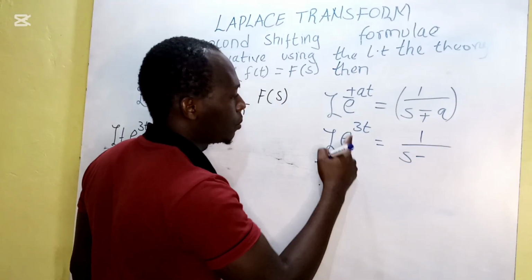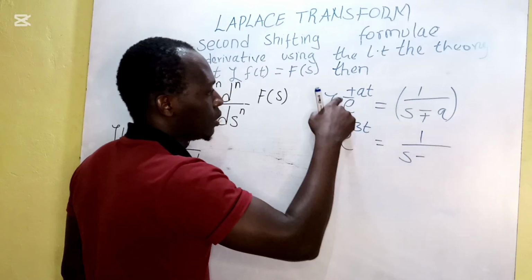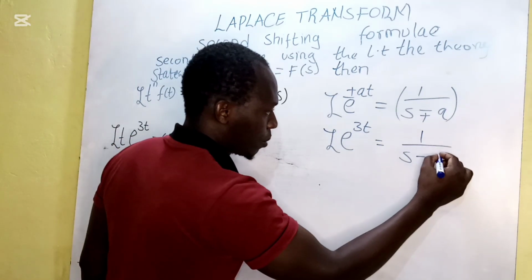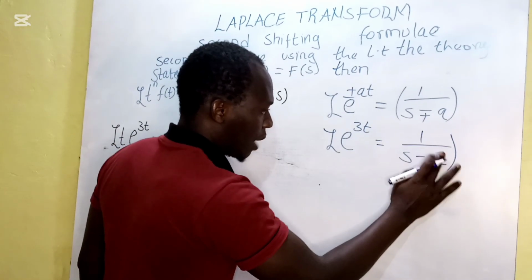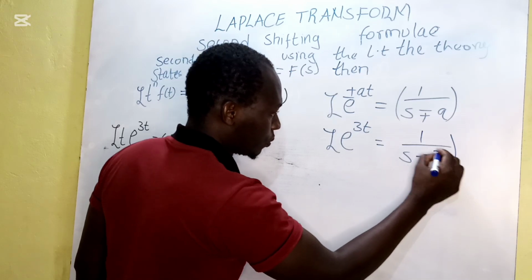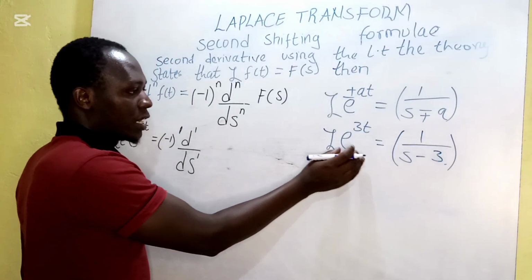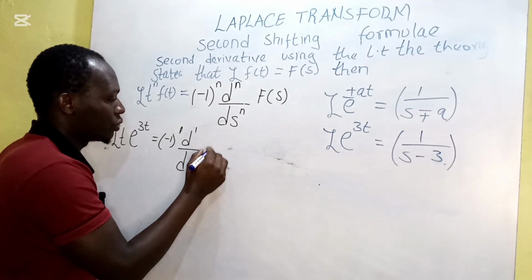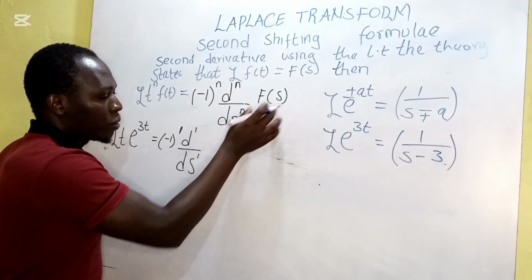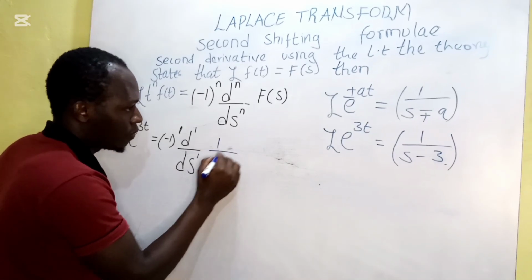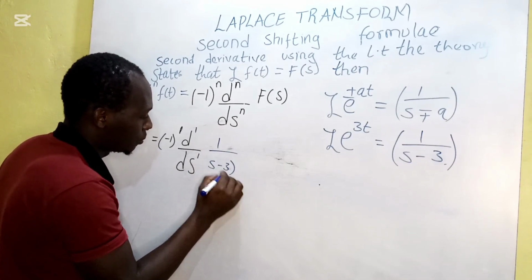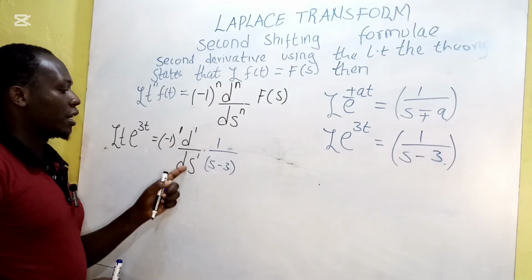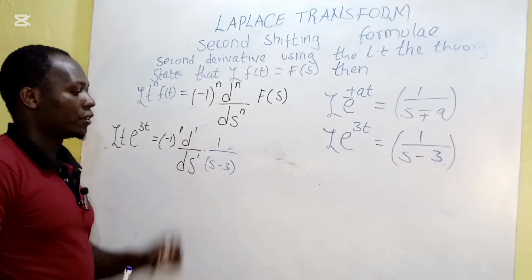We subtract from, positive takes the negative, negative takes the positive. So we have s minus a, and our a here is equal to 3. So the Laplace transform F of s is 1 over s minus 3.